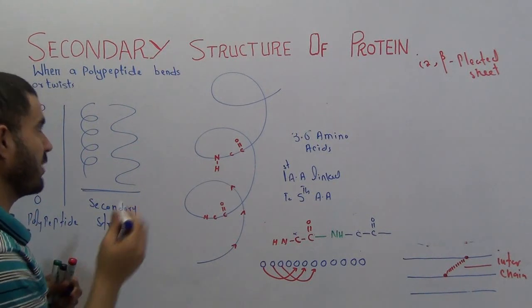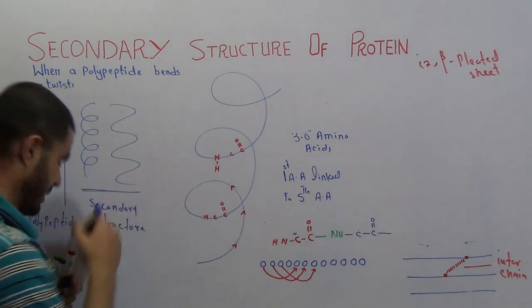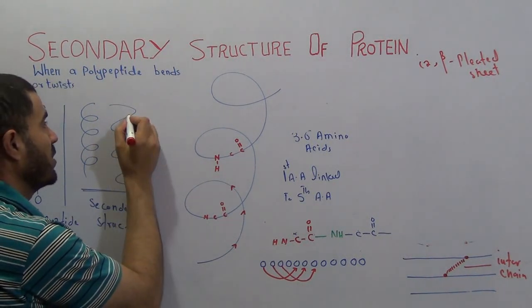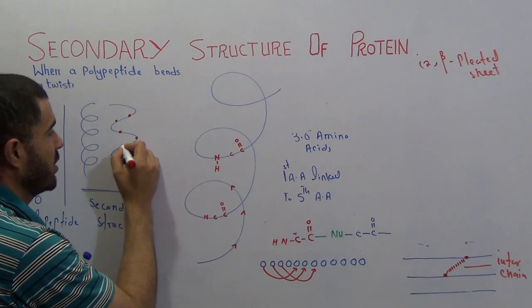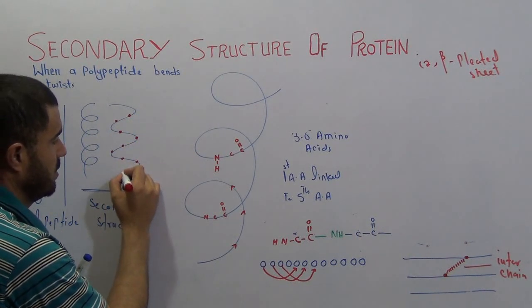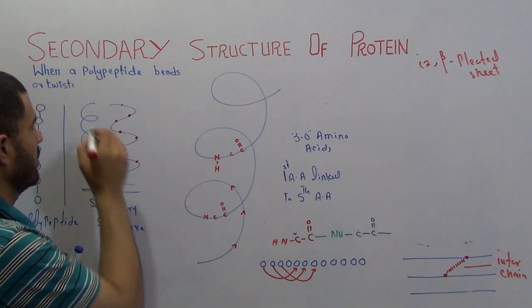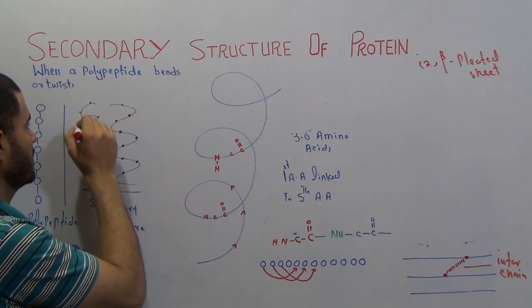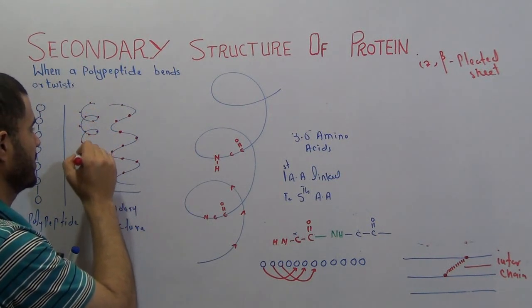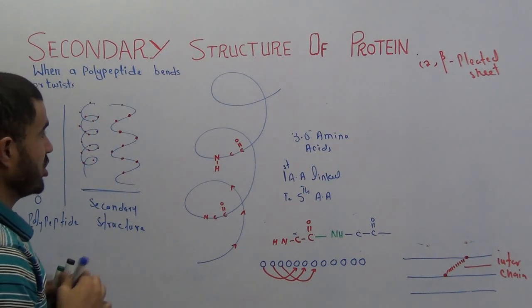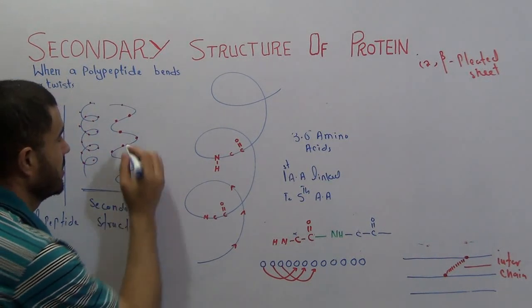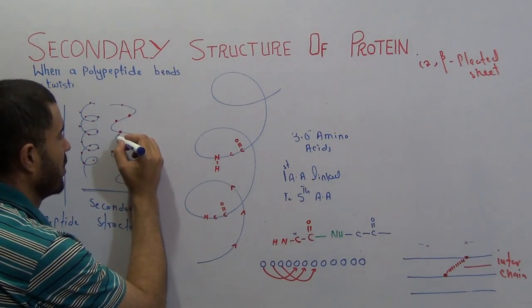How? Let's suppose there are amino acids in that structure, where you can see there are amino acids. In between the amino acids, there will be a hydrogen bond.